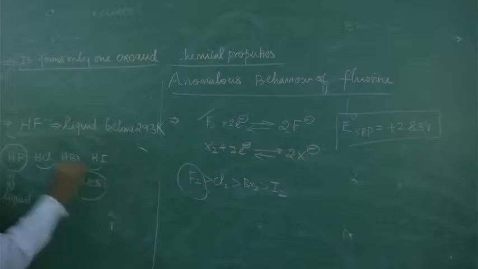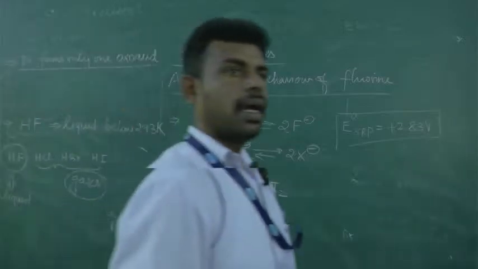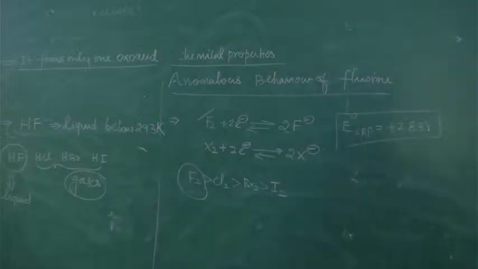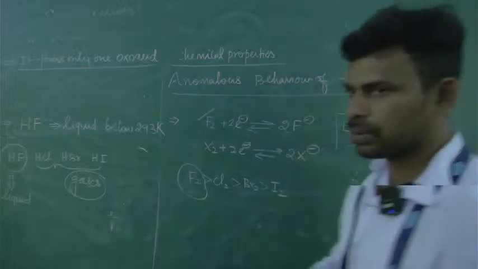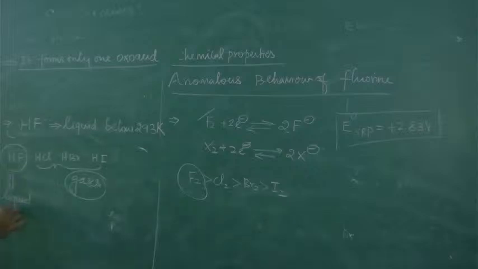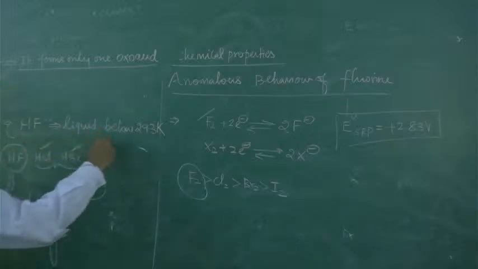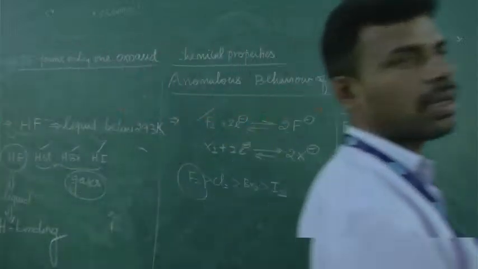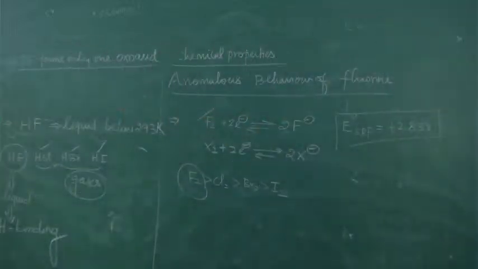Gas. சரிதா? ஹாலைட்ஸ்ல இது மட்டும் லிக்விட் கேட்டா HF is going to be liquid because இதுல மட்டும் தான் என்ன பாண்ட் இருக்கும்? ஹைட்ரஜன் பாண்ட். மற்றதுல ஹைட்ரஜன் பாண்ட் கிடையாது. அப்போ பிசிக்கல் ஸ்டேட் மாறுது if you have ஹைட்ரஜன் பாண்ட். மற்றது எல்லாமே ஹைட்ரஜன் பாண்ட் இல்லாதனால கேஸா இருக்கு.